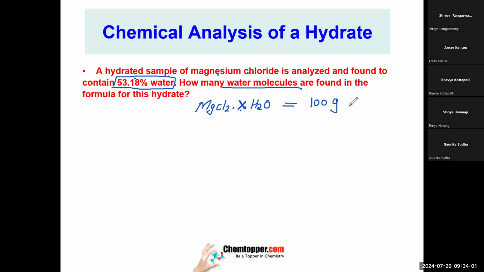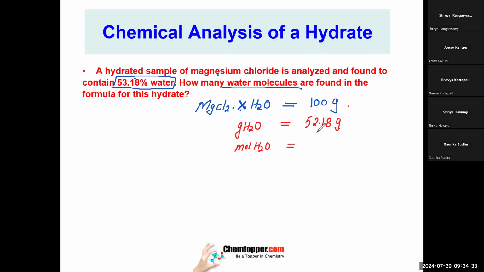Then what is the grams of water in this 100 grams? Very good, Shreya H. 53.18 grams. Very good. Can I convert this grams of water to moles of water? So how many moles of water are there? Yeah, get me the moles of water, Arnav.